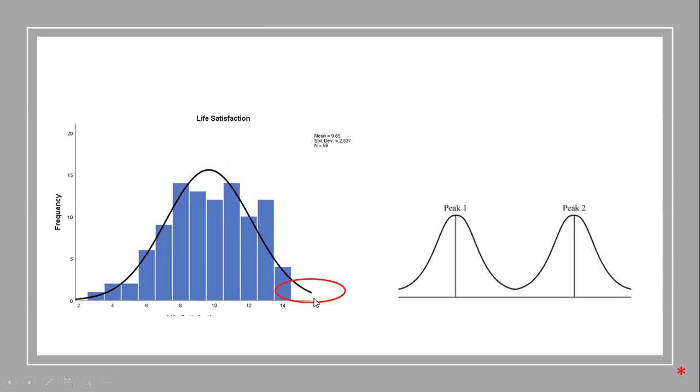Notice that the curve is not quite touching the x-axis. This is because the distribution for life satisfaction has multiple modes and actually looks something like the graph on the right-hand side of the screen when it is shown in its entirety.